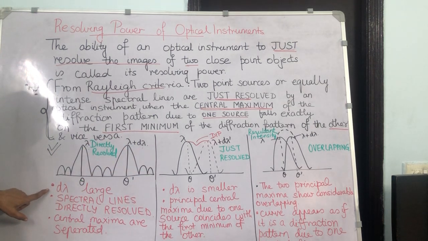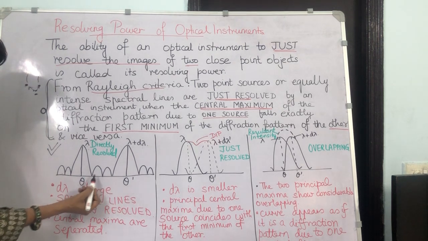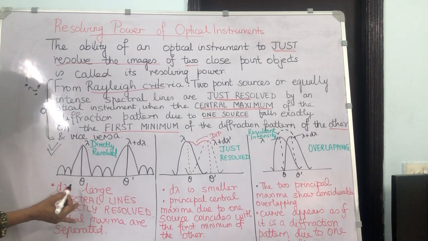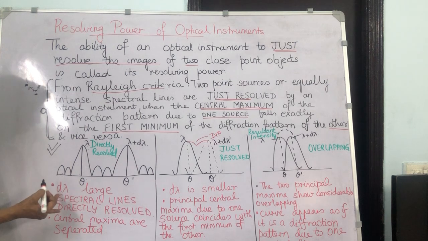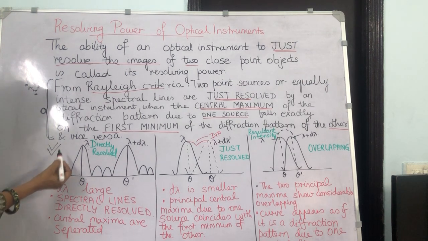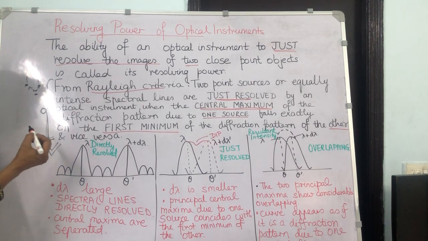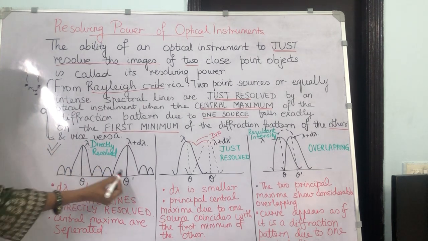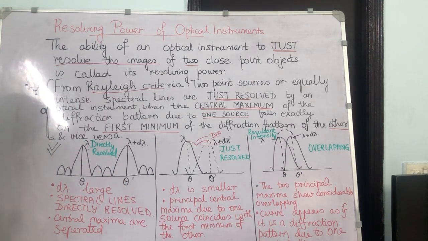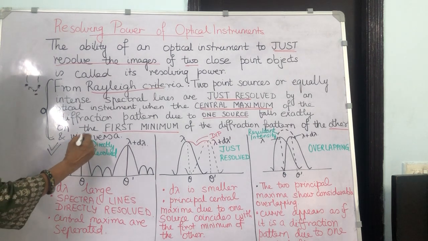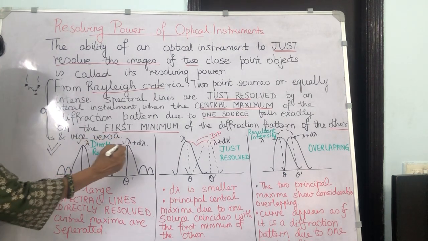The wavelength difference here is sufficiently large so that the central maxima due to both wavelengths are quite separated, and the two spectral lines are clearly resolved.